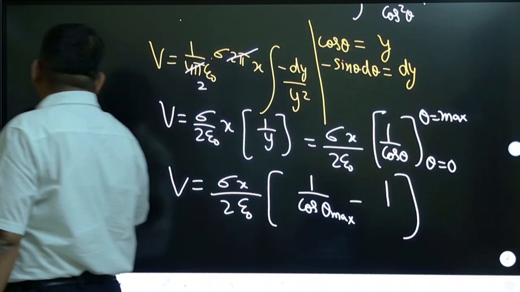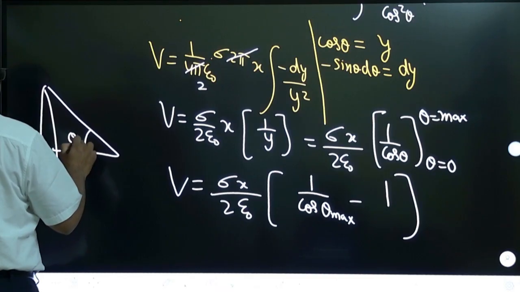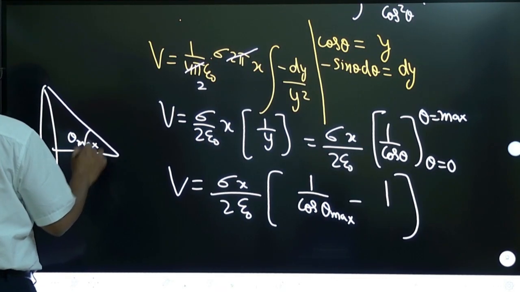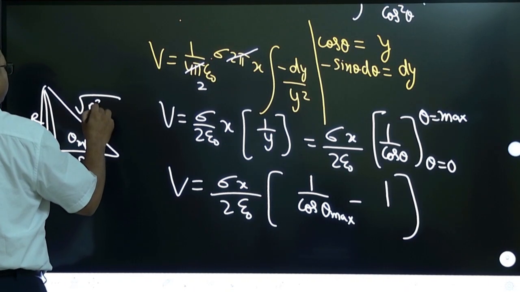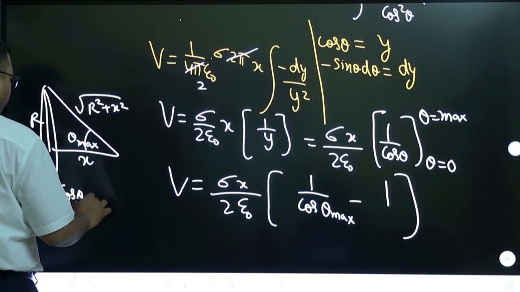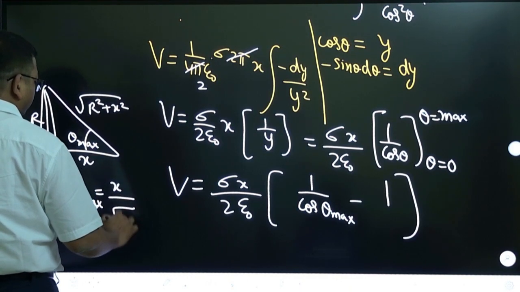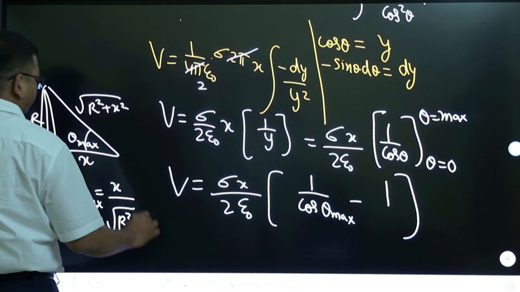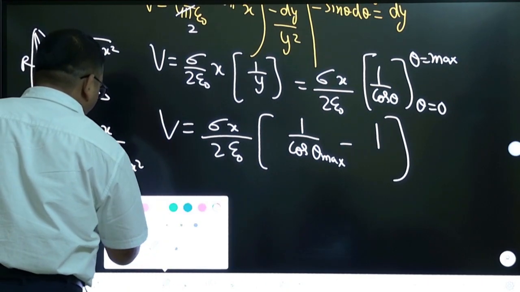And what is theta max? We have seen that for maximum theta, if you take this as x and this as radius capital R, this is root under r square plus x square. So cos theta max becomes x by root under r square plus x square. We will substitute there, so we will get the potential formula.